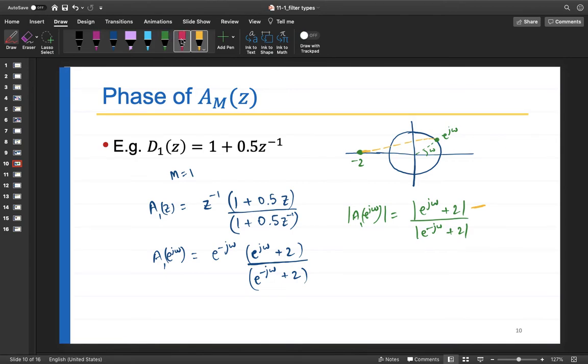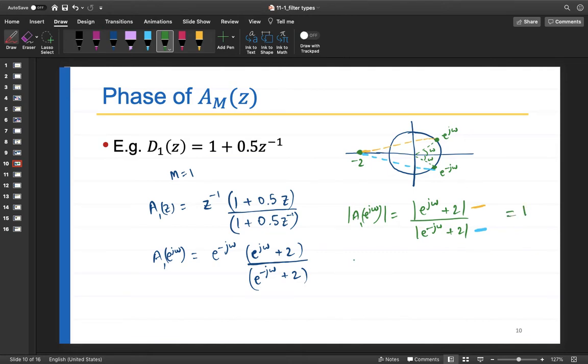And another point is e^{-jω}, which is exactly the mirror image here, where this is ω, right? And the denominator term is the distance of e^{-jω} from minus 2. So this is the term, and you see both of them are by symmetry equal. So my A(e^{jω}) magnitude becomes equal to 1, right?